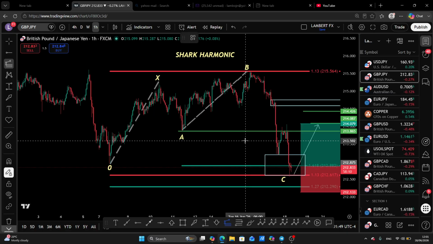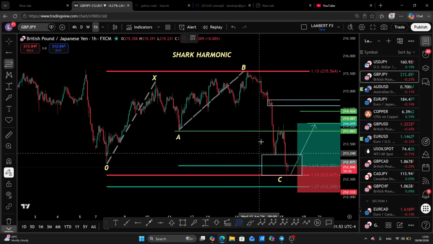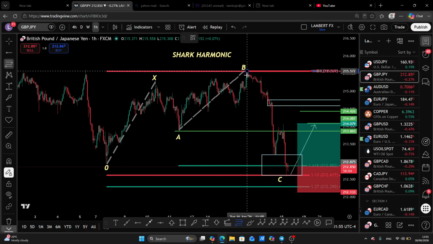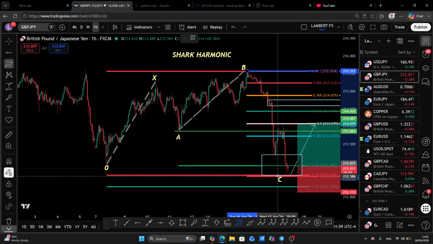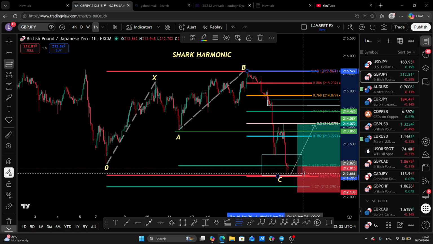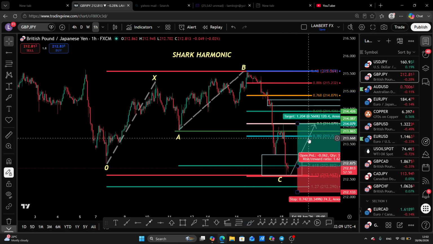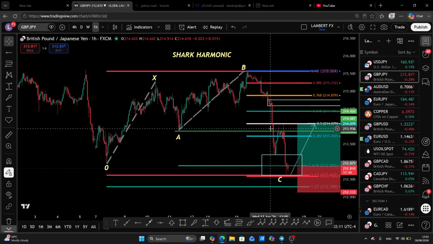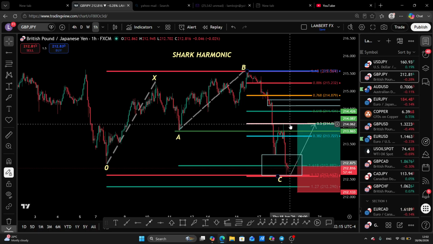All right, so to take your profit, you take a fib retracement, you measure from B to the last move done, and then you set your take profits. You need to take a profit either at 0.382, 0.5, or 0.618.